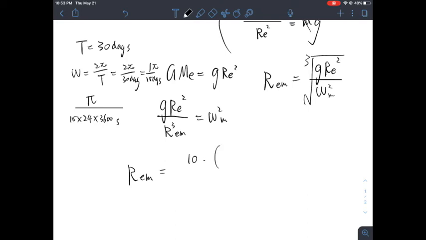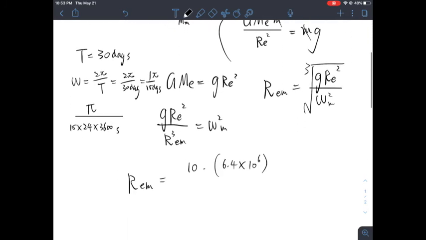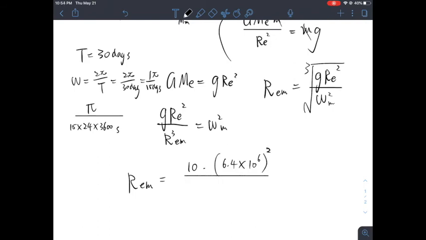We can just plug it back in. g is equal to 10. We are ignoring the units here because there are too many to track, and we know the units are right. And then we have 6.4 times 10 to the 6 meters, a unit change from 6,400 kilometers, squared.